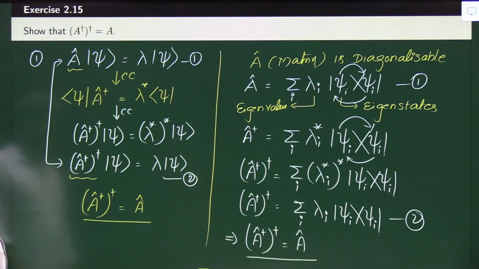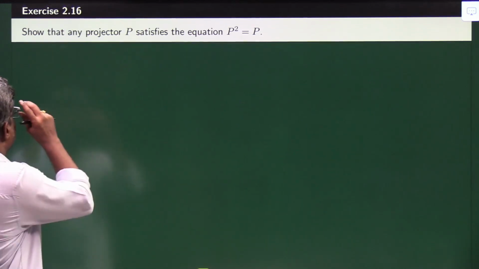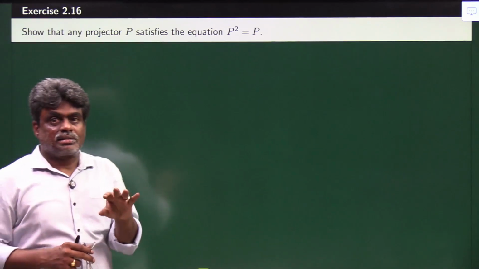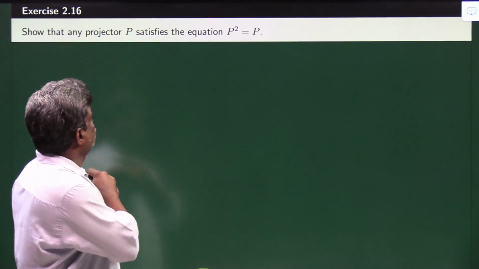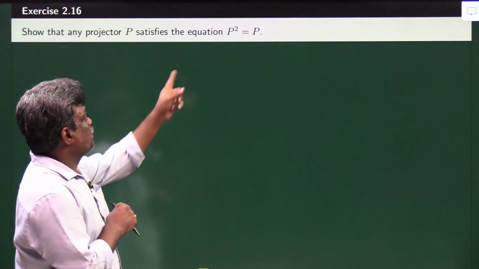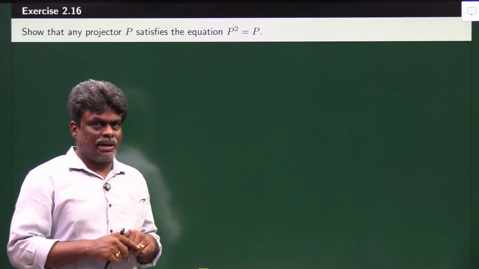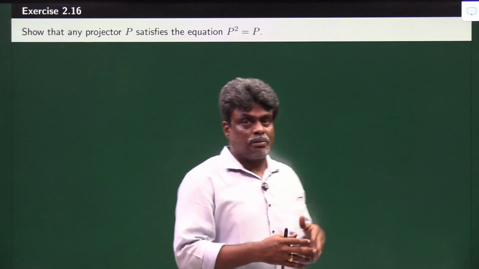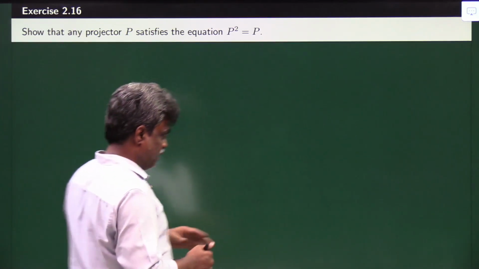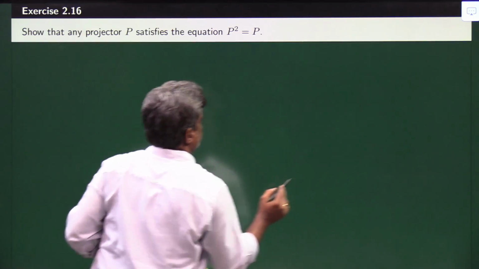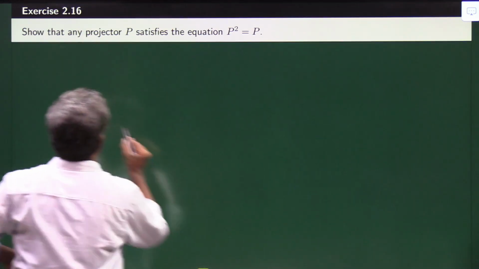So right, let us go to the next question. Here they are asking about the projection operator, which satisfies P square equal to P. That means idempotent. So they are asking to show that the projection operator is idempotent. So first let us talk about this projection operator.